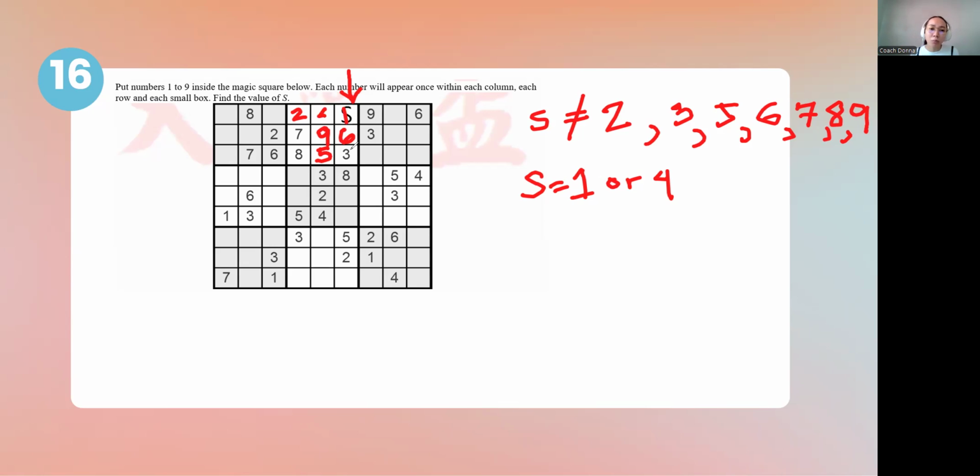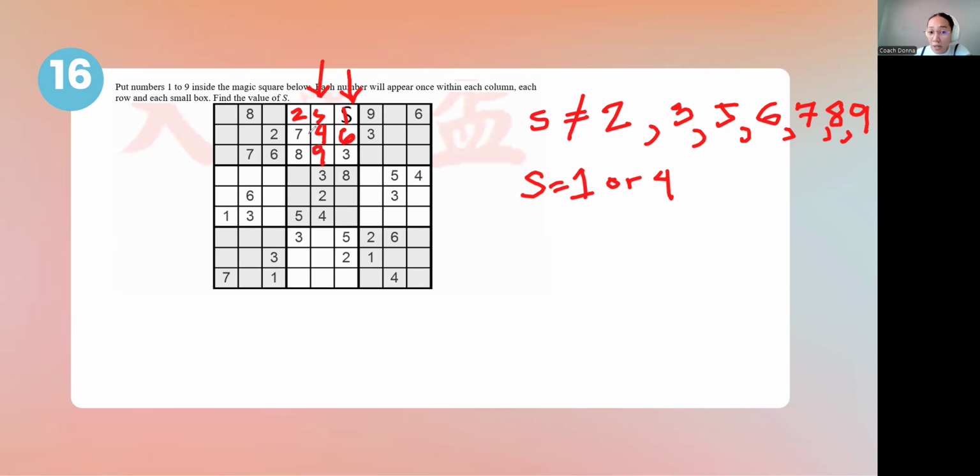I know it can't be 4, right? It can't be 4 because 4 is right here. But this can actually be changed to 4 here. This is 9 right here. And this is 5.